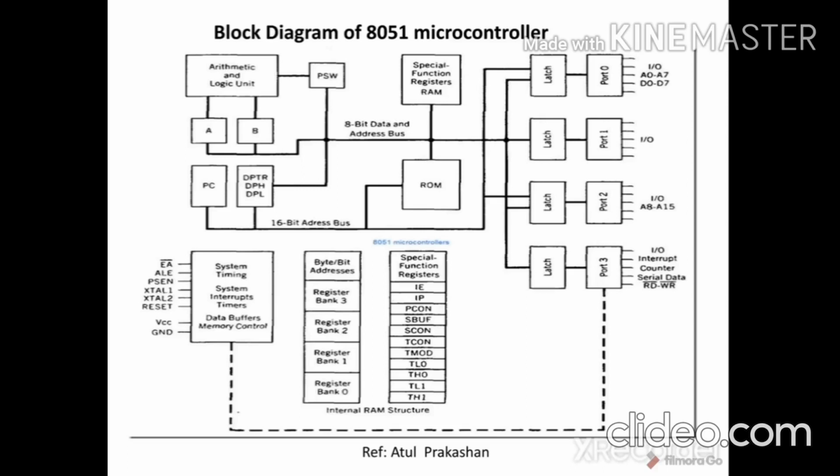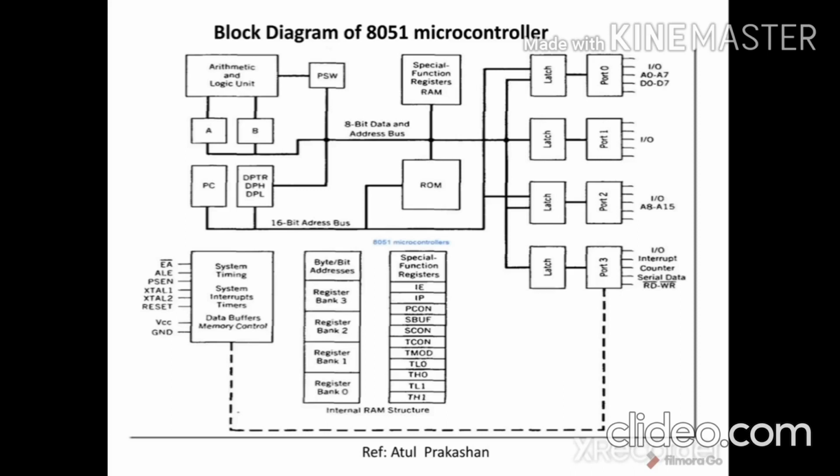Then it also contains 4 ports: port 0, port 1, port 2 and port 3. These ports are used for multifunction, that means they are used as input output ports and also for other functions. Port 0 is used as input output plus AD0 to AD7, that means lower order address bus and data bus.